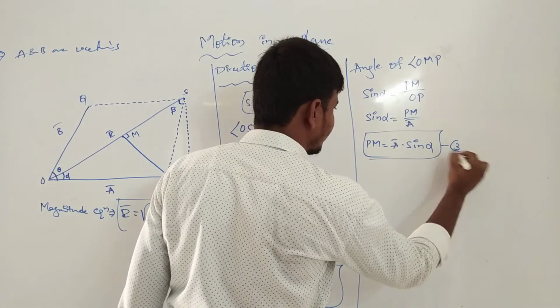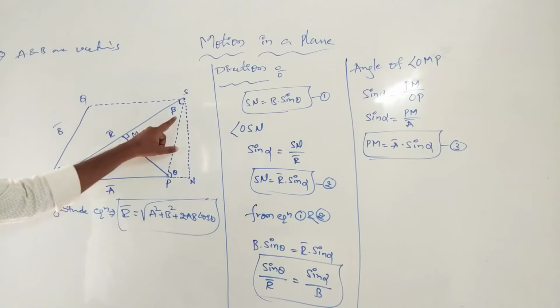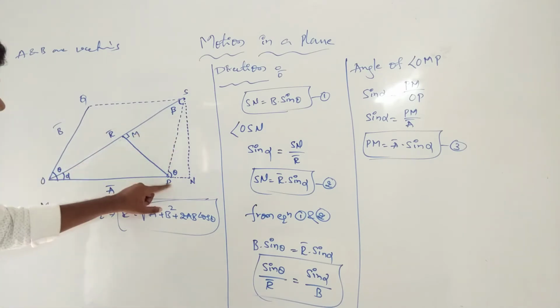Now this one is equation number 3. Clear? Again we are introducing our beta. Angle PMS.